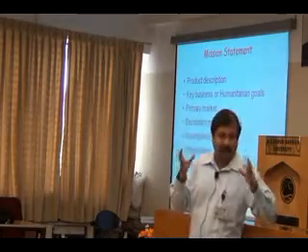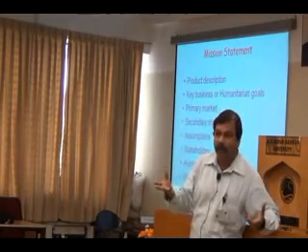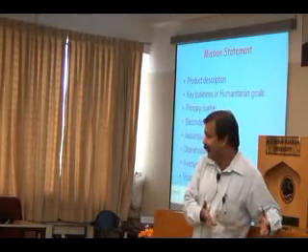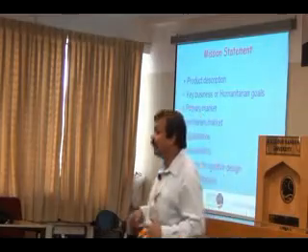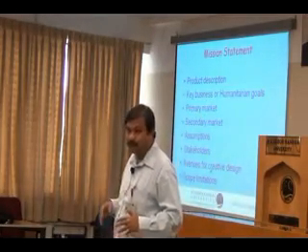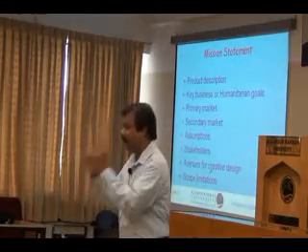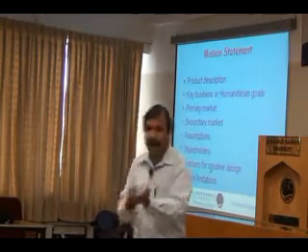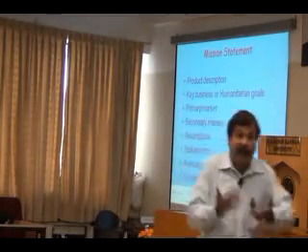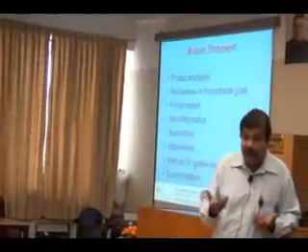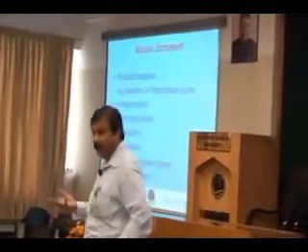So if you are designing a product like noodles, the primary market are the kids. Who are the secondary markets? Secondary markets are office goers, software people. They don't have time. They want to have a quick meal. They can be your potential secondary market.